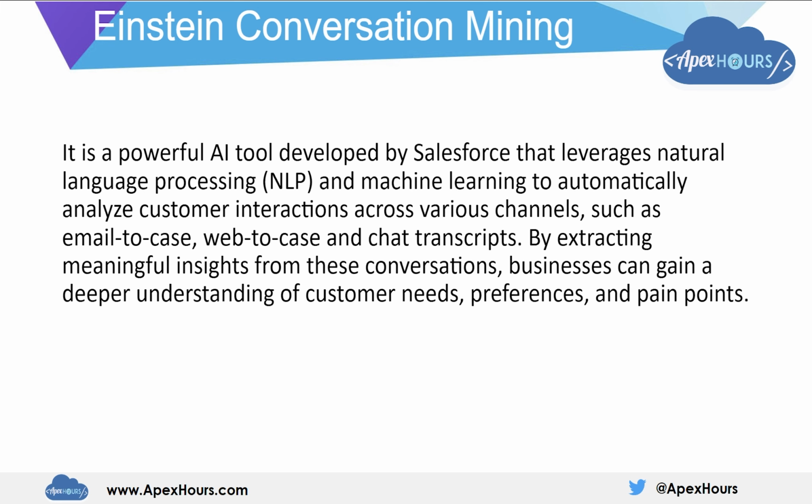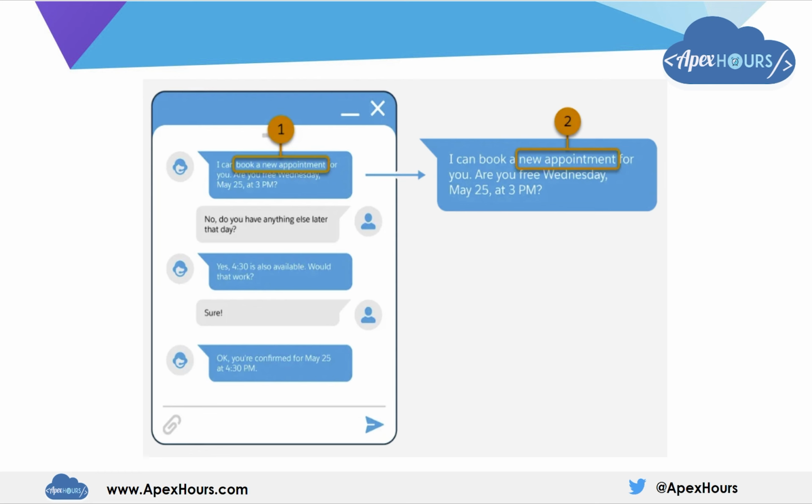The first one is the contact reason, which is book a new appointment, and the excerpt from which is new appointment. That's what the conversation mining analyzes and generates: a bunch of contact reasons, for which there would be underlying excerpts.